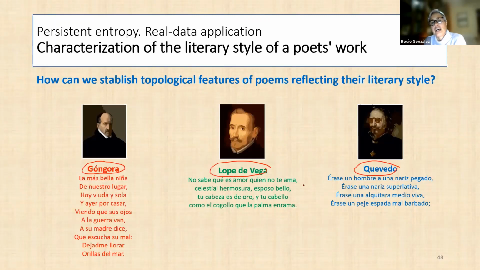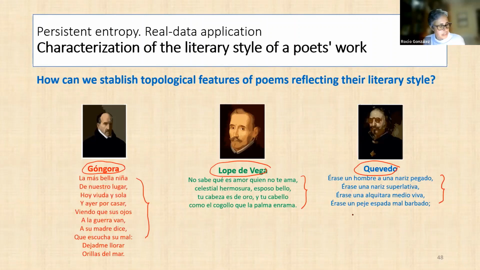We took a set of poems of the 3 poets, and we wanted to topologically characterize the poems of each of the poets. So we want to extract topological features from the poems.